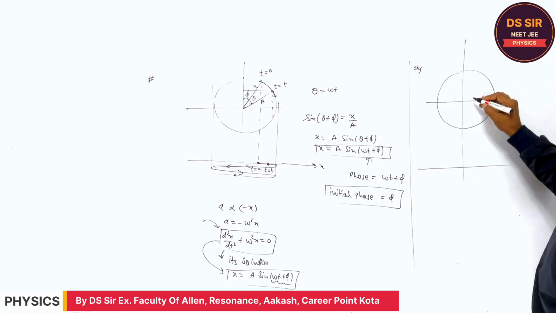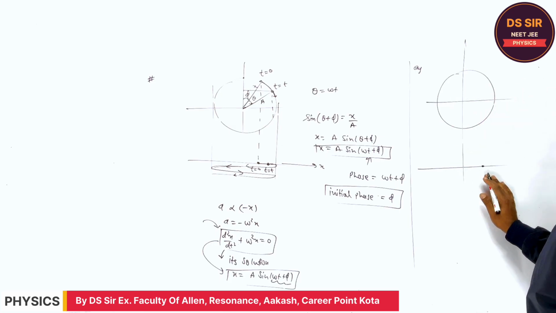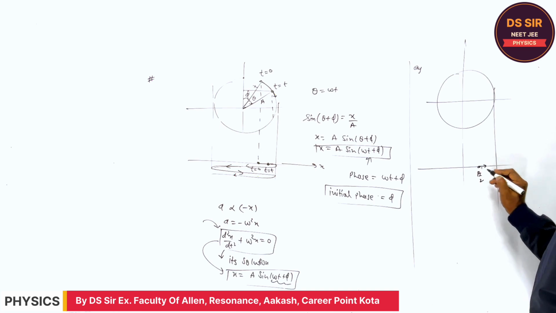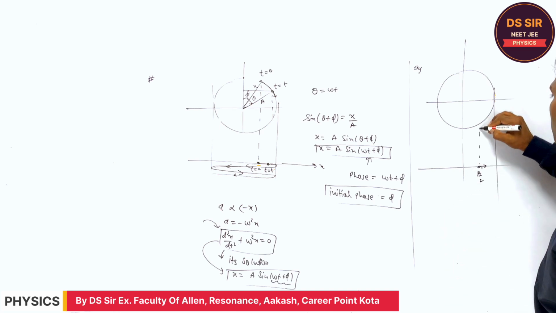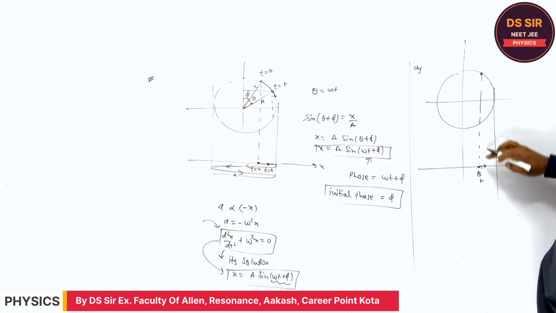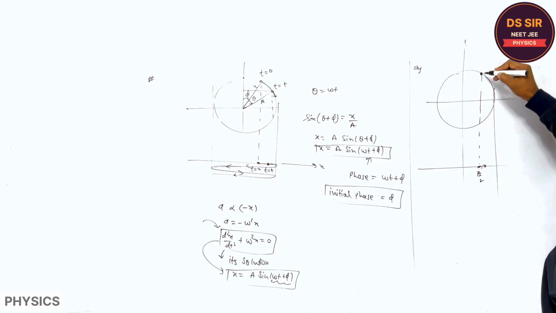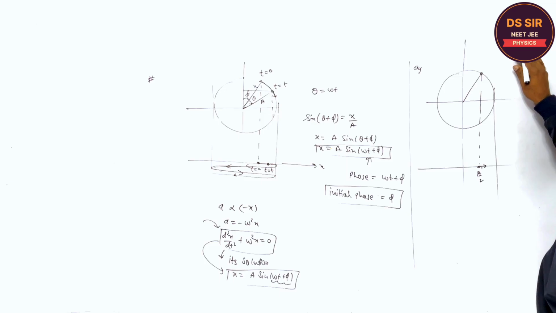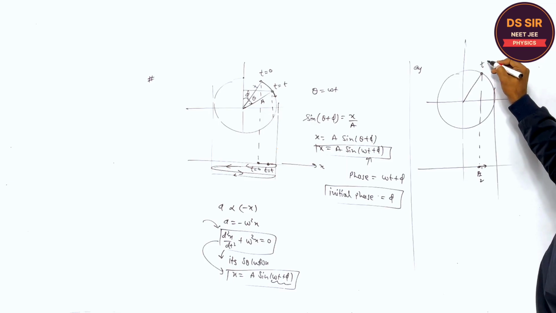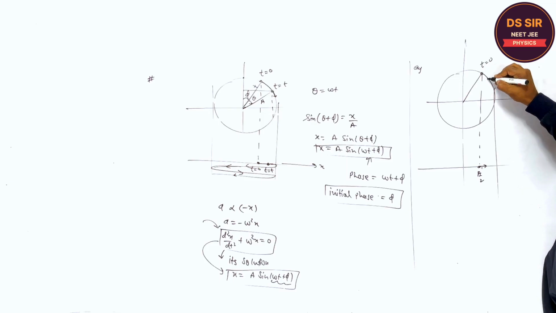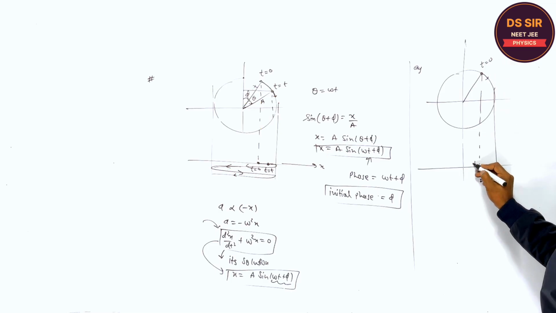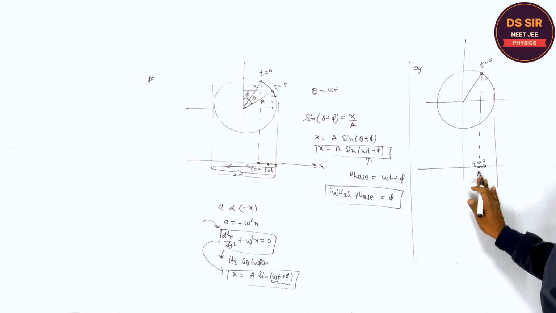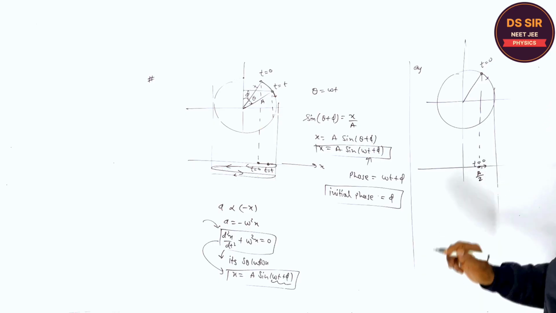For example, if the particle starts its motion from A by 2 at t is equal to 0, what is its initial phase? If the particle starts from here, its corresponding particle on the circular path will be at this point. So at t is equal to 0, the point on the circle will be here, and it is performing SHM. So you have to find the initial phase.